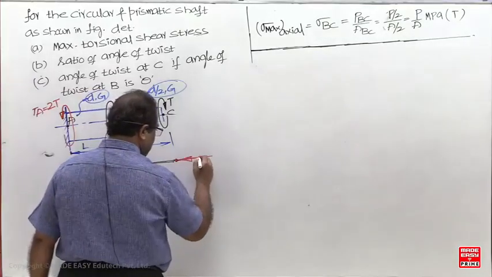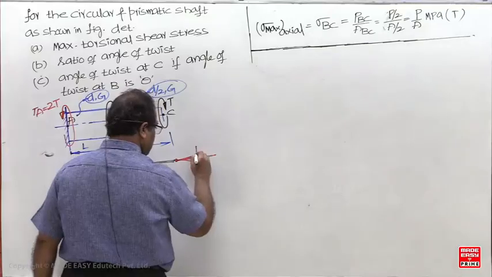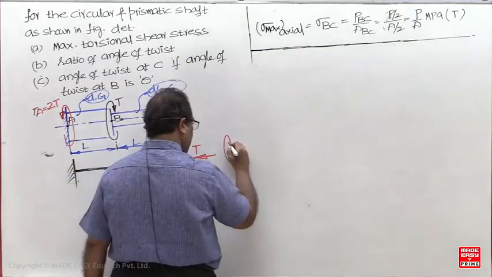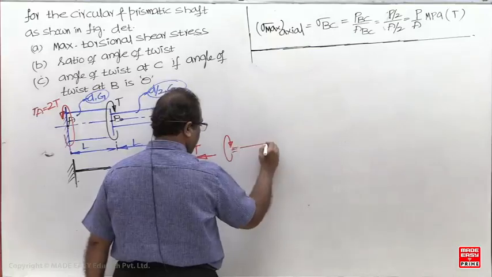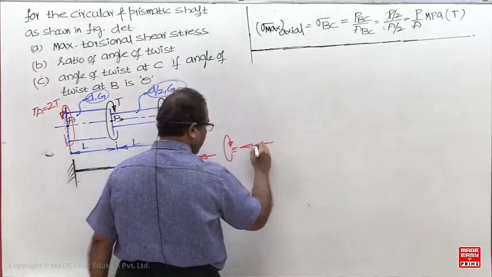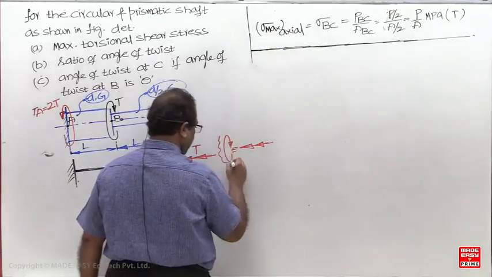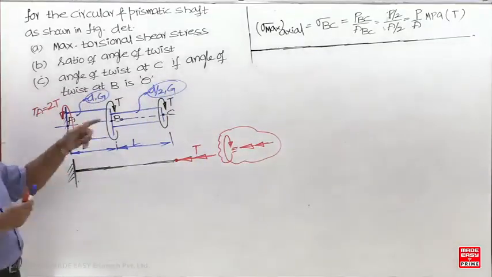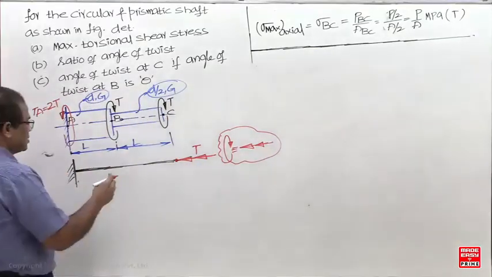We have already studied all this by using the right hand thumb principle. Already the sign convention, everything is studied now. So it is also clockwise, which means towards the left side.